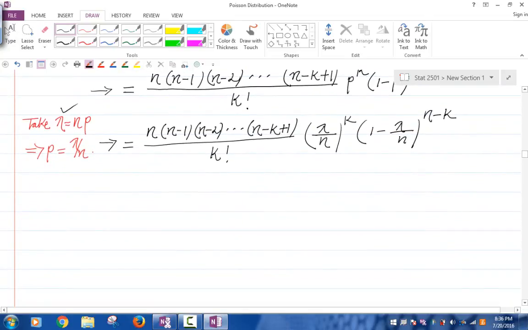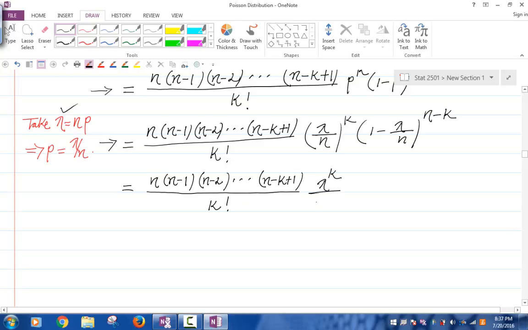Here's what I'm going to do at this point. This will be equal to n(n - 1)(n - 2)...(n - k + 1) divided by k factorial, times λ^k over n^k, times (1 - λ/n)^(n-k).